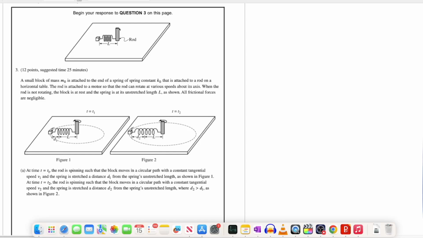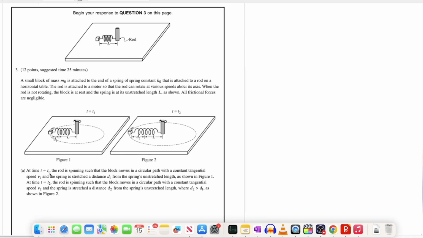The rod can rotate about its axle, and when the rod rotates, this block-spring system is going to also rotate, doing a circular motion. When the rod is not rotating, the block is at rest and the spring is at its unstretched length L. All friction forces are negligible.